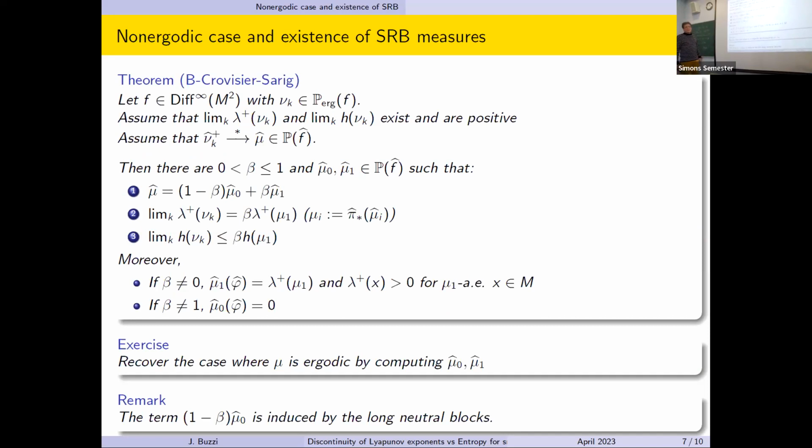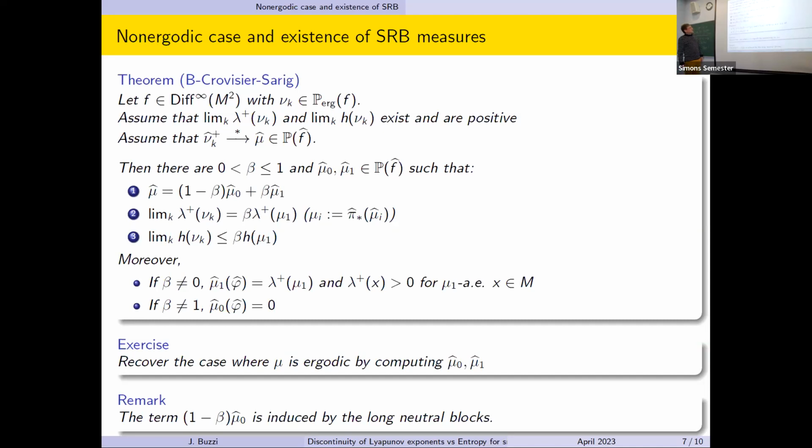We take a sequence of ergodic measures, but now we don't want to assume anything about the accumulation point, except what we can get just by passing to subsequences. So we can get that the unstable lifts have a weak limit, which is a little bit stronger, but it's just passing to a subsequence, than saying that the measures below have a weak limit.